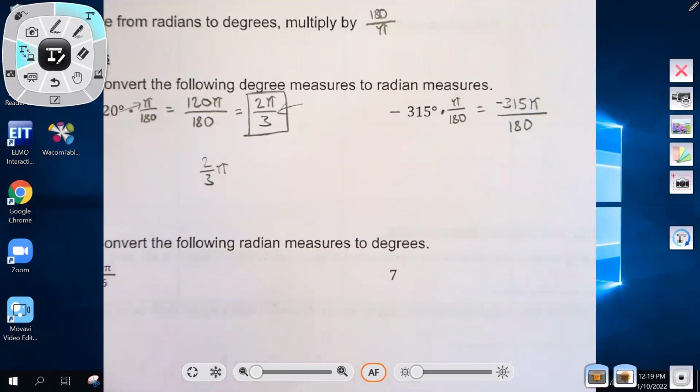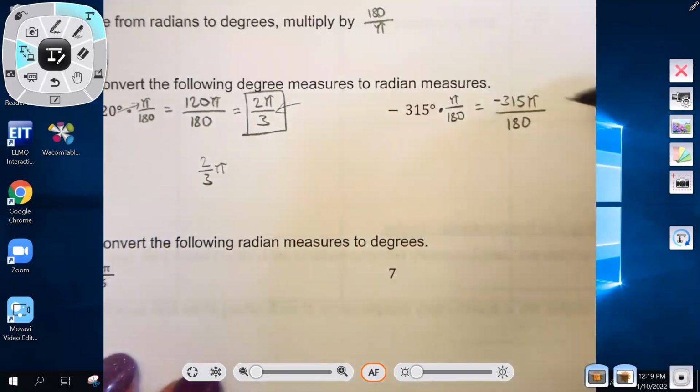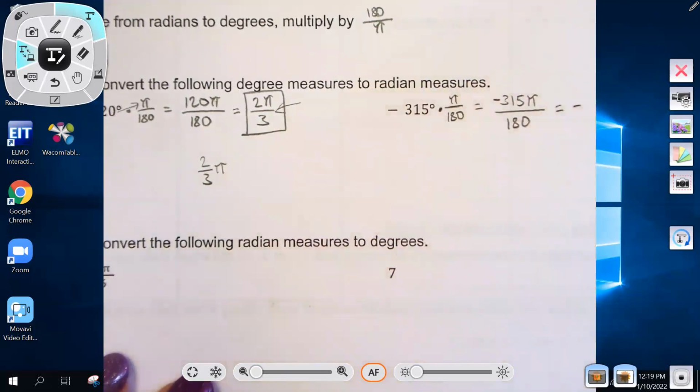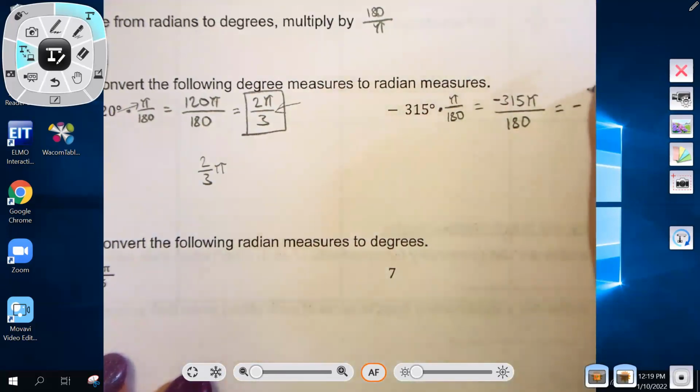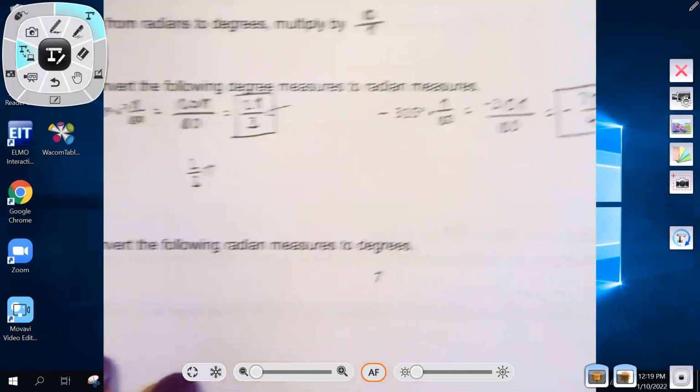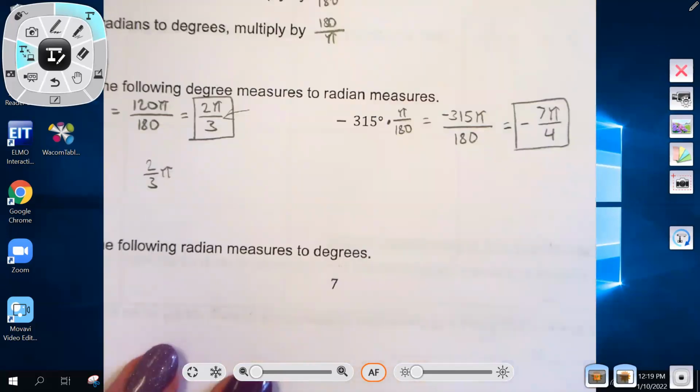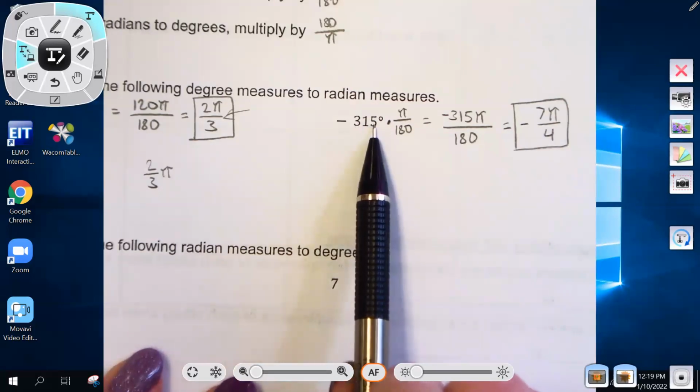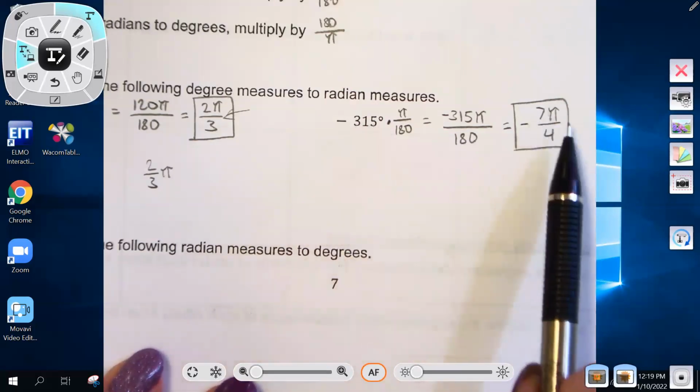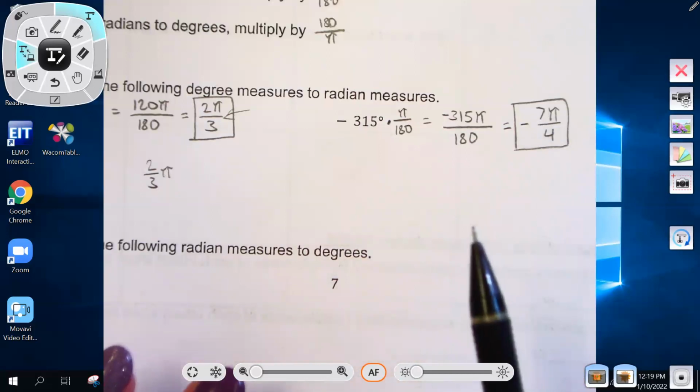Negative 315 divided by 180: if you do that in your calculator and change it back to a fraction, you should get negative 7 over 4. So we've got negative 7 pi over 4. So negative 315 degrees is the same as negative 7 pi over 4 radians.